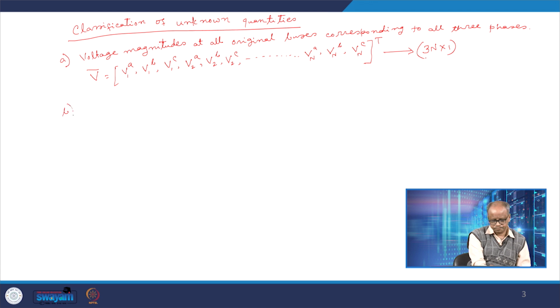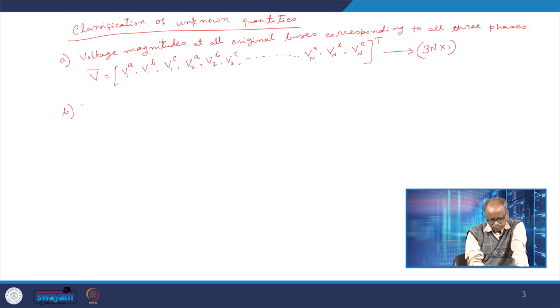Now we said that we have to take one angle to be the reference angle. Usually what we do is take the angle of phase A of bus 1 as the reference angle.